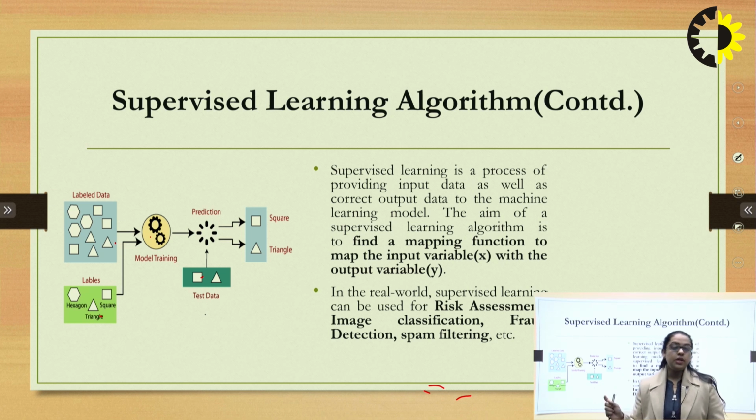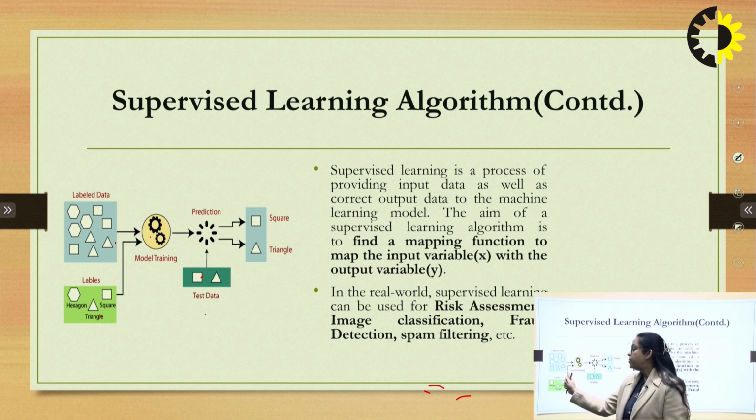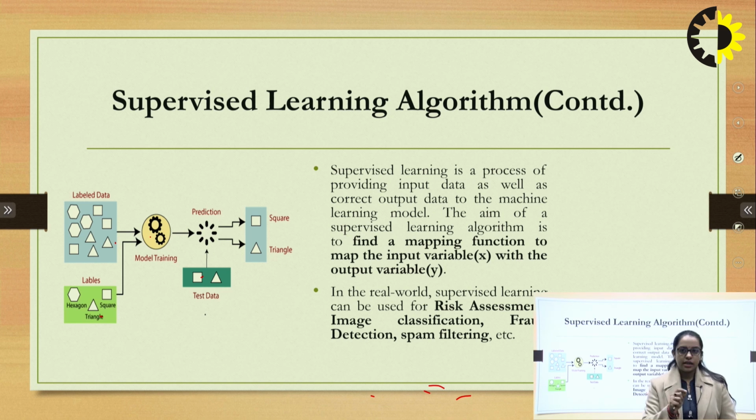Why so? Only because of the labeled data set that we provided in the beginning, before the training of the machine model. And secondly, the most important thing, why we are using a supervised learning algorithm is because our main aim is to identify the mapping function with the help of which we are able to map input variable x to output variable y.